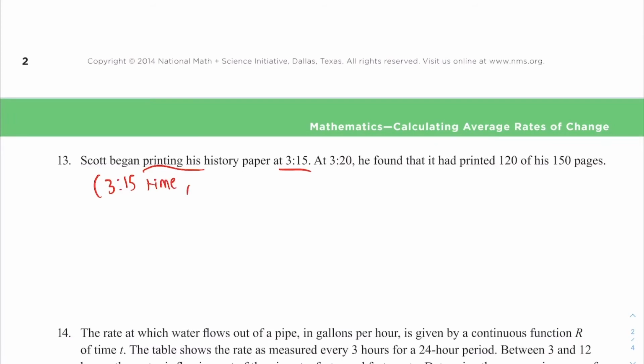And we might have to change that time to hours or minutes later. When he started printing, that's 0 pages. Once 5 minutes have passed, at 3:20, he had 120 pages.